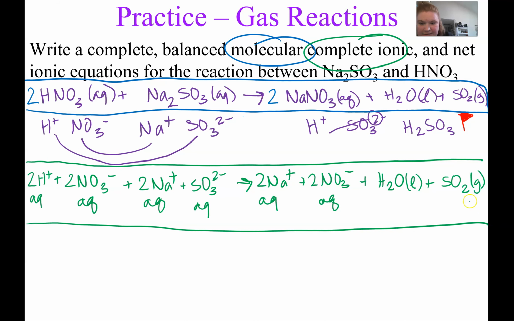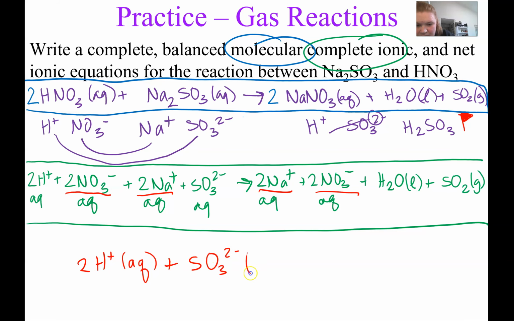All right, last is our net ionic. So we're going to look for our spectators. Nitrate, sodium. So I'm going to rewrite my equation without those. 2 hydrogens, sulfate, water, and the SO2 gas.